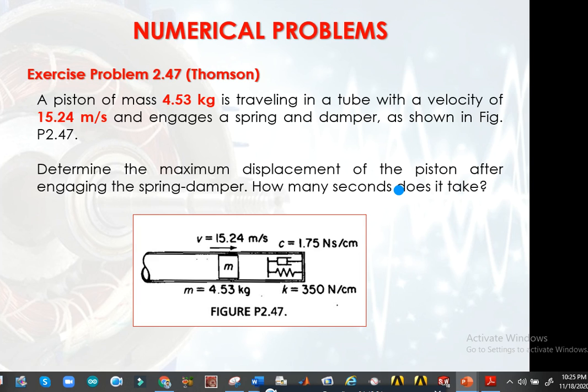So first of all we will find out the response function of the system, and then we will perform some numerical calculations in such a way that we can find out the maximum displacement and corresponding time. Okay, so how can we determine the general expression for this case?